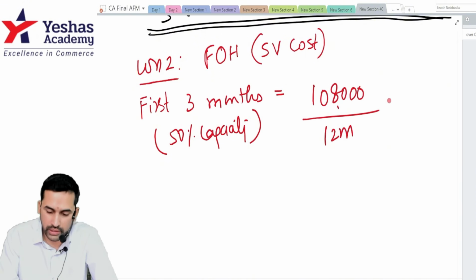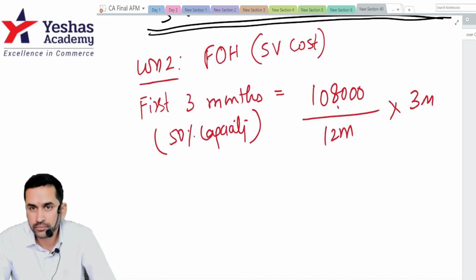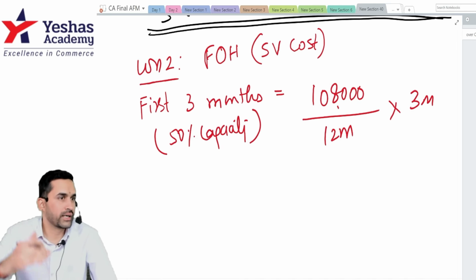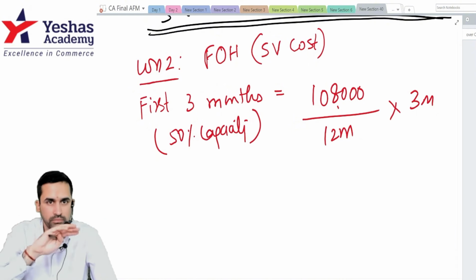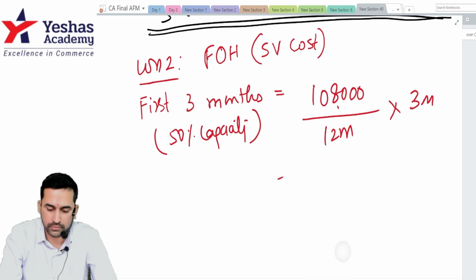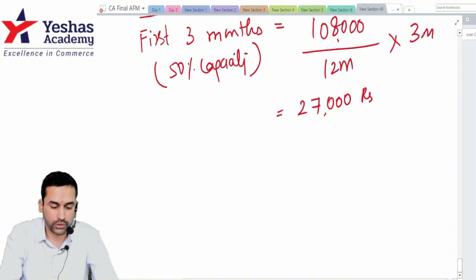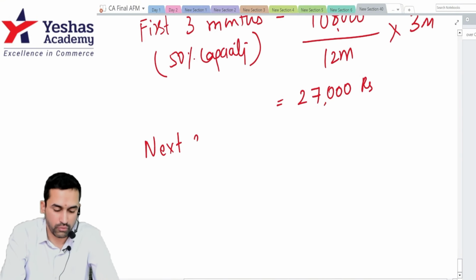By 12 into 3, or some students are comfortable with into 3 by 12. You can do so, no problem. By 12 will give you monthly. Into 3 simple. What's the number? 27,000.